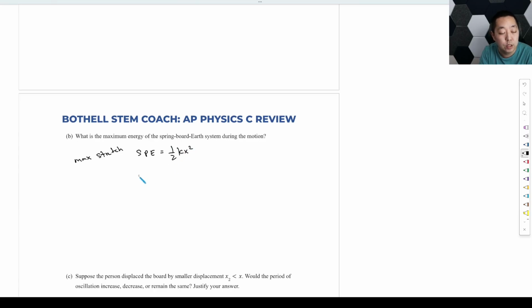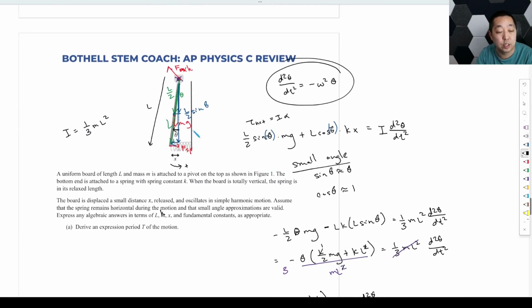That we already know. We're going to have some gravitational potential energy. We should make an assumption. Assume h equals 0 is at the lowest point, the bottom of the board, because you need to do that for the gravitational potential energy here.